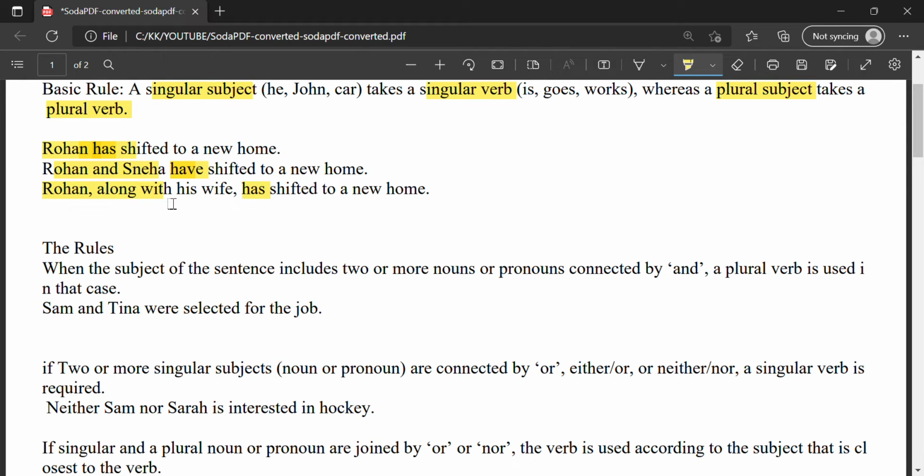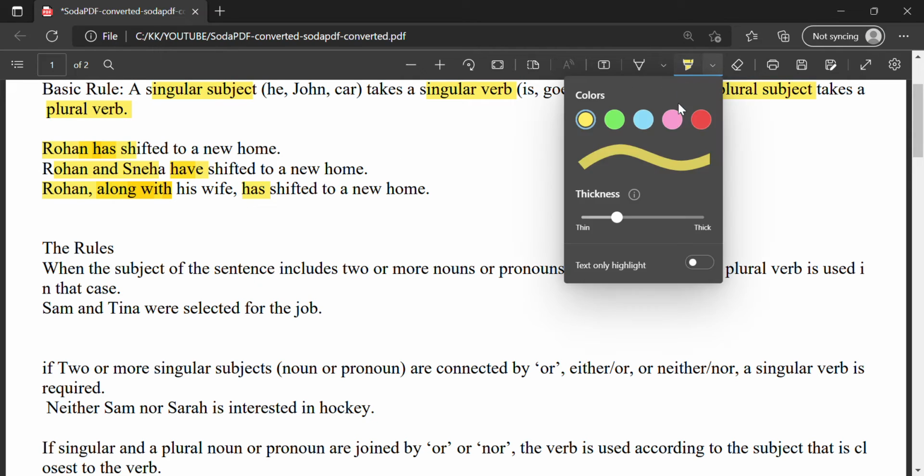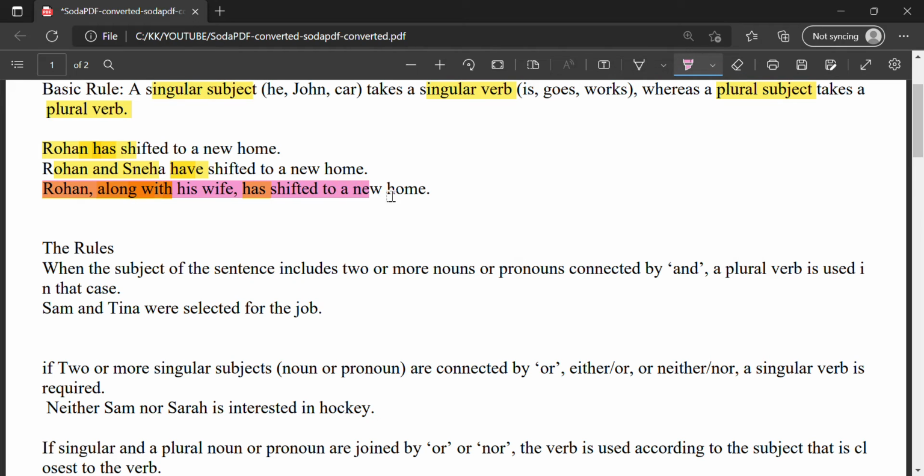So it separates Rohan from his wife and indicates Rohan as a singular subject. That is why a singular helping verb is used. So just because we are using along with here, we have used a singular verb. This is what you're supposed to take care of. I'll just highlight it here.